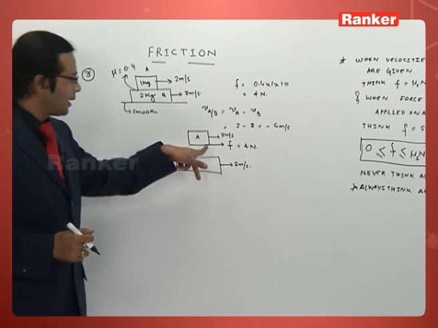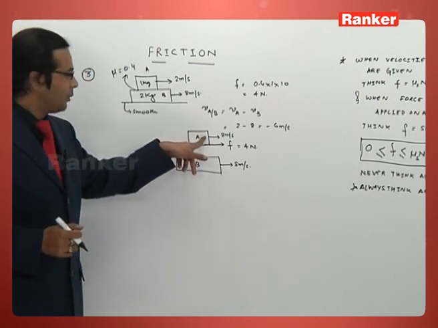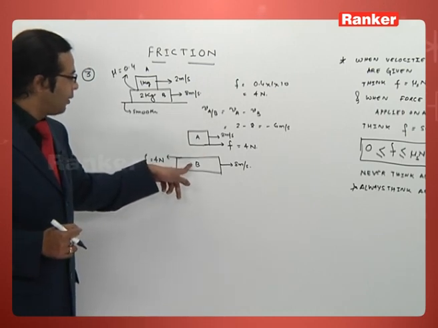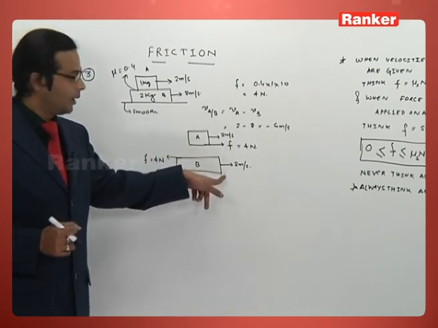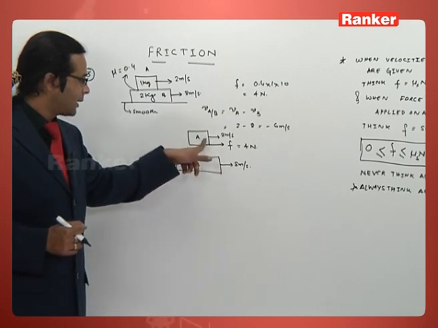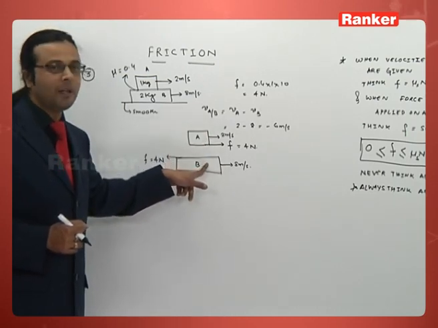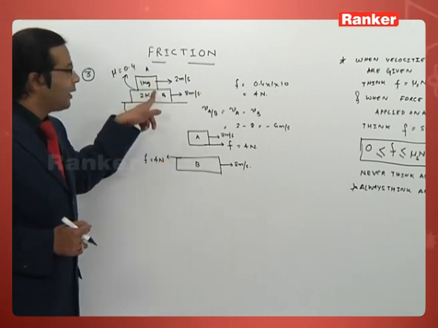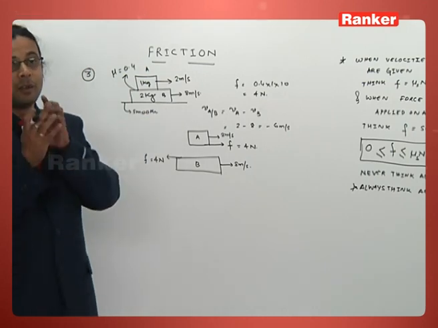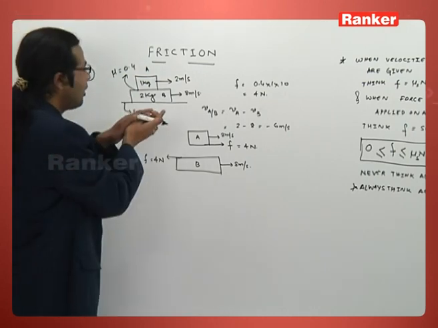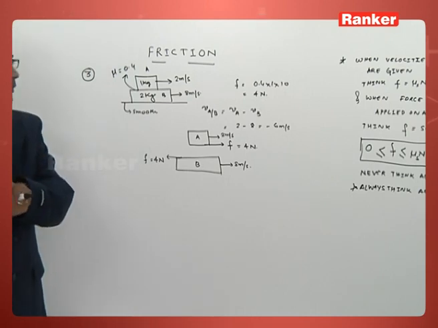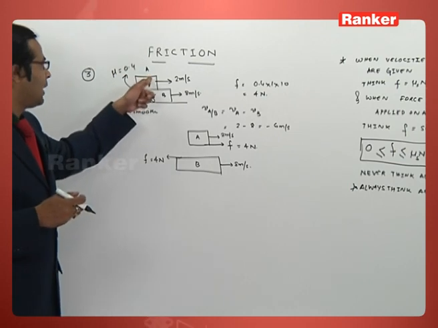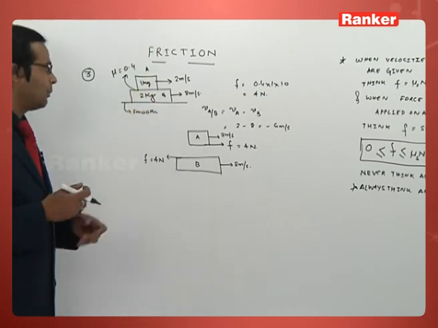The frictional force acting on block A will accelerate block A. The frictional force acting on block B will decelerate block B. At one moment of time, when the relative motion stops, these two blocks will definitely be moving together as one block. That means these two blocks have the same velocities. So when the velocities are the same, the relative velocity between the individual blocks will be 0.